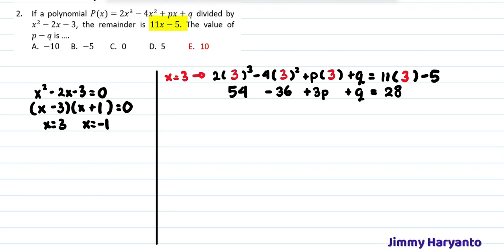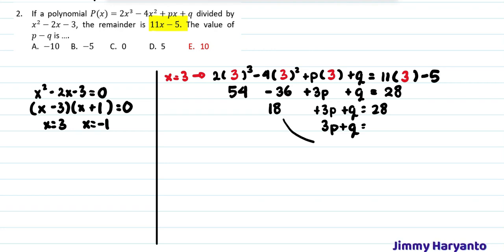And then this one is 18, I guess. And then for this one, 3p plus q equals 28. That means 3p plus q, if you move the 18 to the right hand side, you'll have 10. This is the first equation.